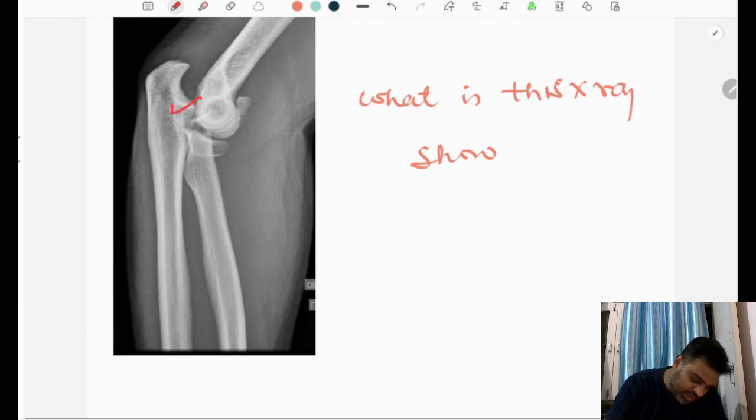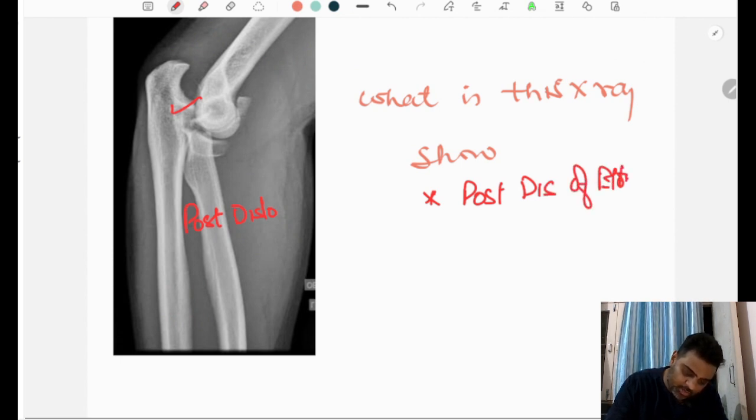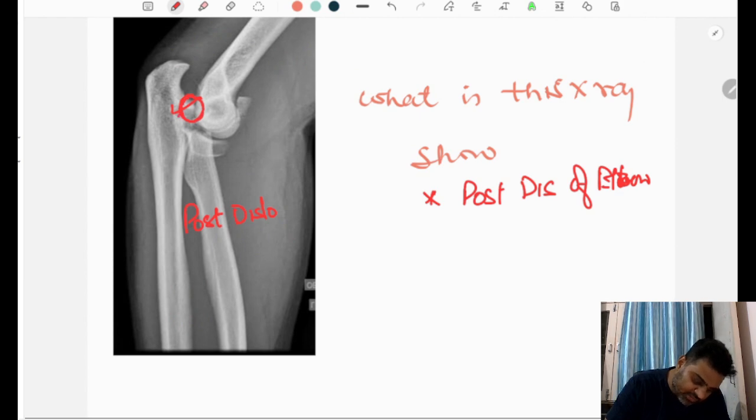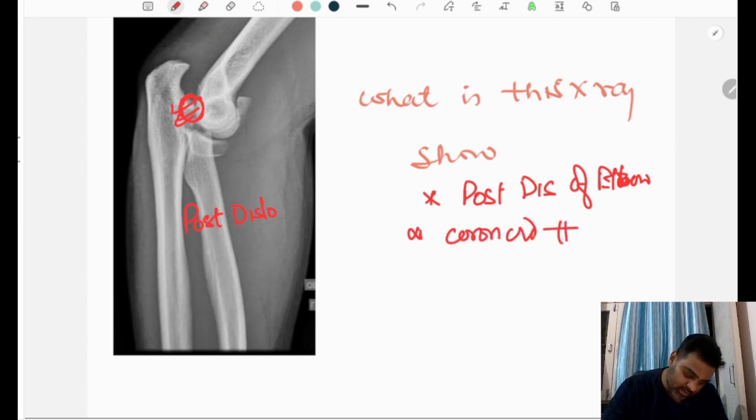There is posterior dislocation. First thing is there is posterior dislocation of the elbow, because anterior or posterior dislocation is identified with the help of the ulna. If the ulna goes back posterior, it is posterior dislocation. Also see, this is the coronoid process of the ulna. There is a coronoid fracture, and there is also fracture of the radial head.